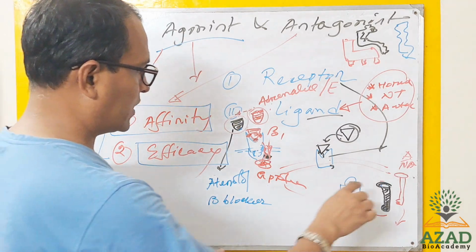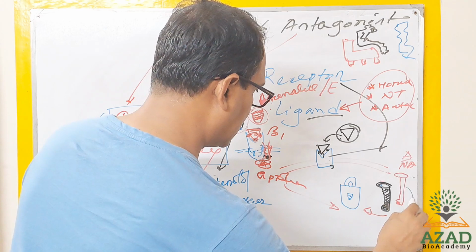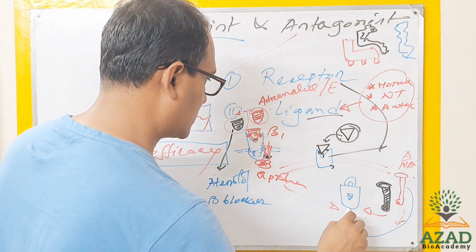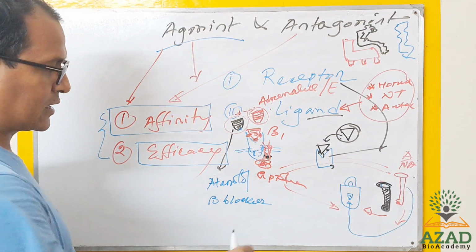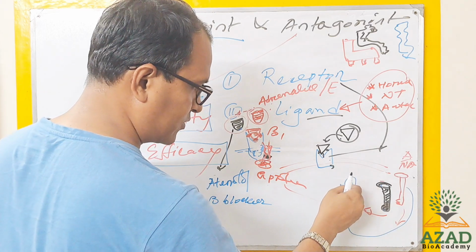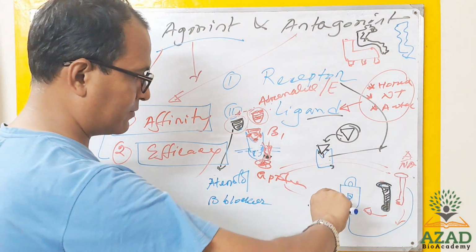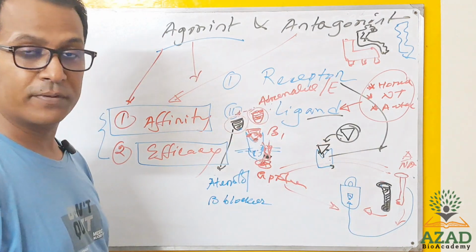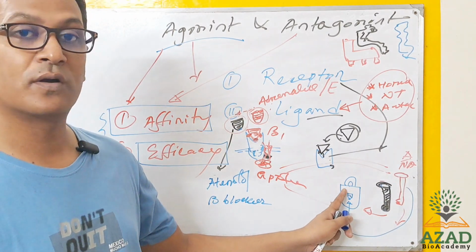Noradrenaline, if you put it here, will properly enter into the lock, and it has some specific teeth that will best fit with the inner part of the receptor like a lock, and then if you twist, the lock will open. That means noradrenaline has the ability to open the lock.